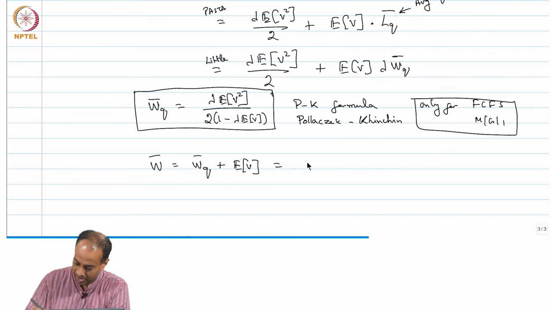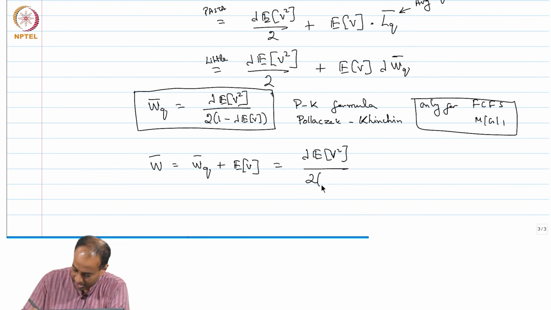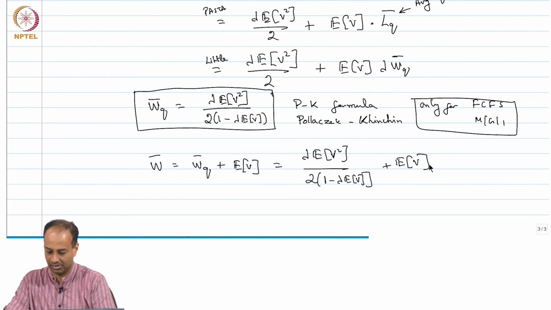So, this will just be again lambda expected V square over twice 1 minus rho, plus expected V. Okay.